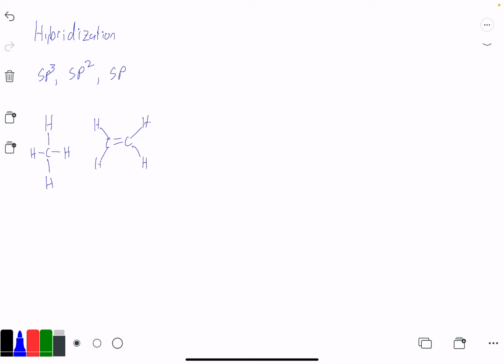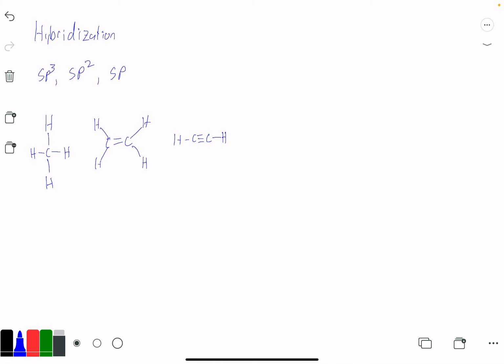And then an example of sp would be something like acetylene. All right, so there's acetylene. Now, notice that each one of these hybridized carbons has a different geometry, all right? And that geometry allows for different types of reactions to occur.